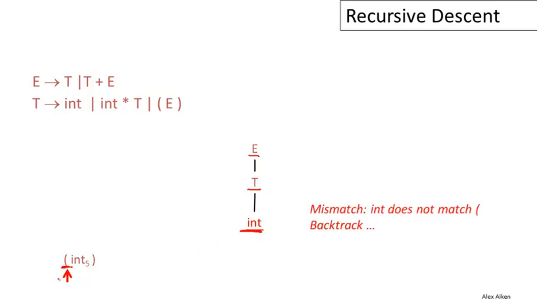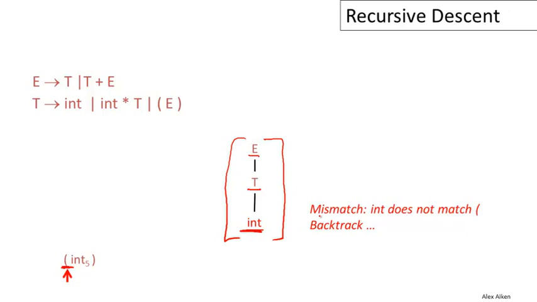And in this case, unfortunately, they're not. The int that we generated here doesn't match the open paren in the input. So clearly, this parse tree that we're building isn't going to work out. What we're going to have to do is backtrack. That means we're going to undo one or more of our decisions. We're going to go back to our last decision point and see if there's another alternative to try.